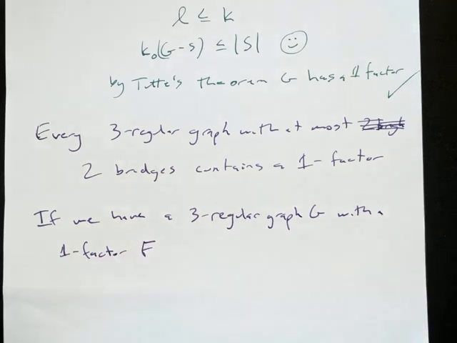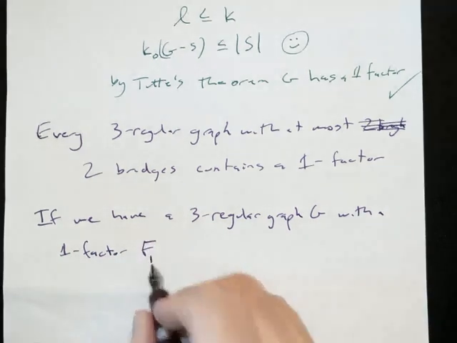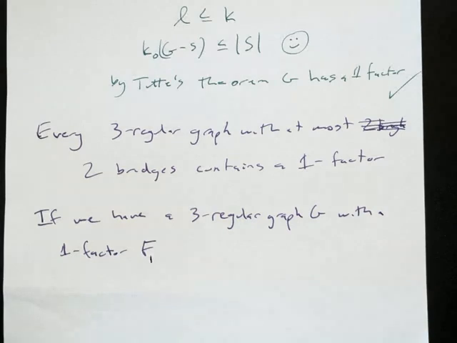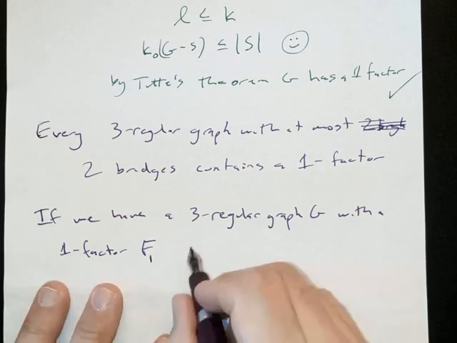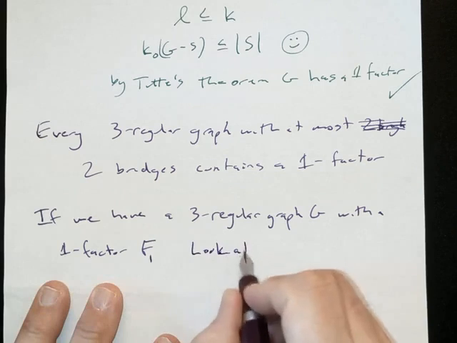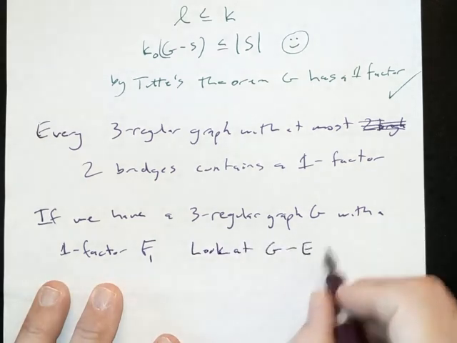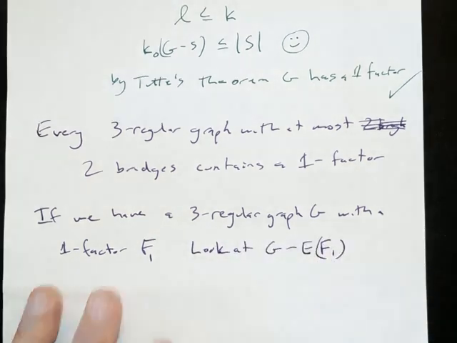So let's say we have a one factor. I'll even call it F1, a one factor. What happens if I take those edges away?